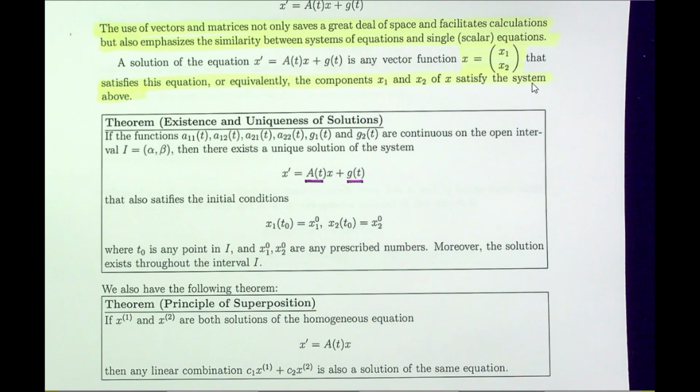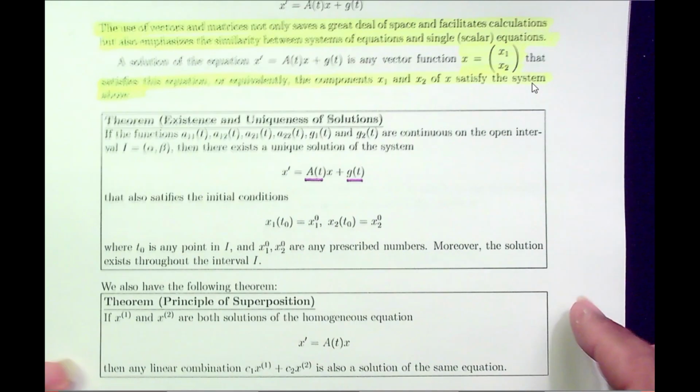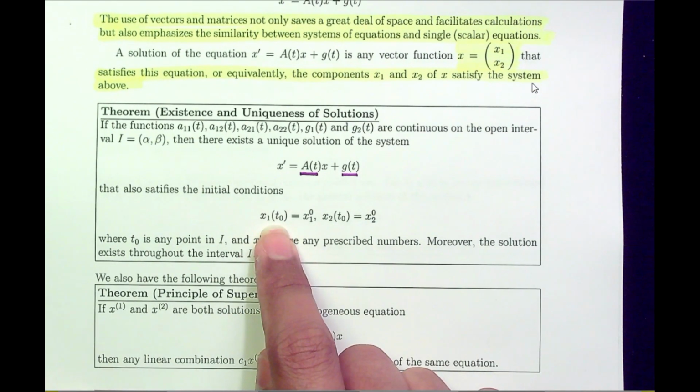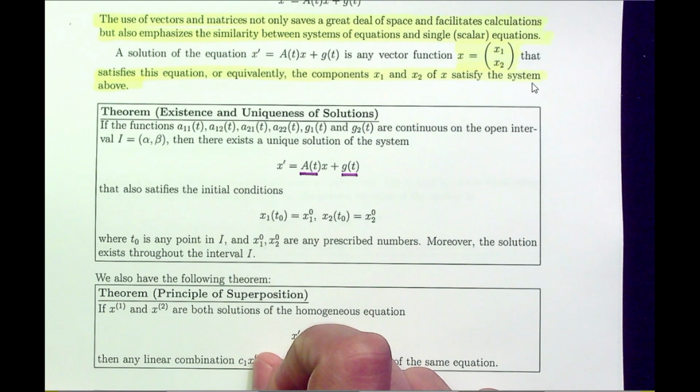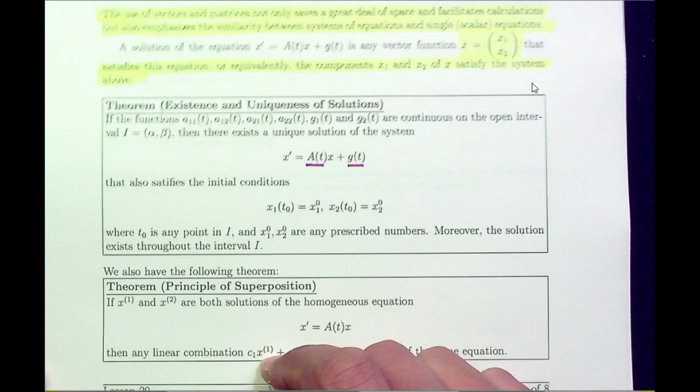So if everything is continuous on an open interval, then a solution is guaranteed to exist. A unique solution is guaranteed to exist that satisfies the initial conditions. And look at the notation here used in the book. It's kind of new for us.